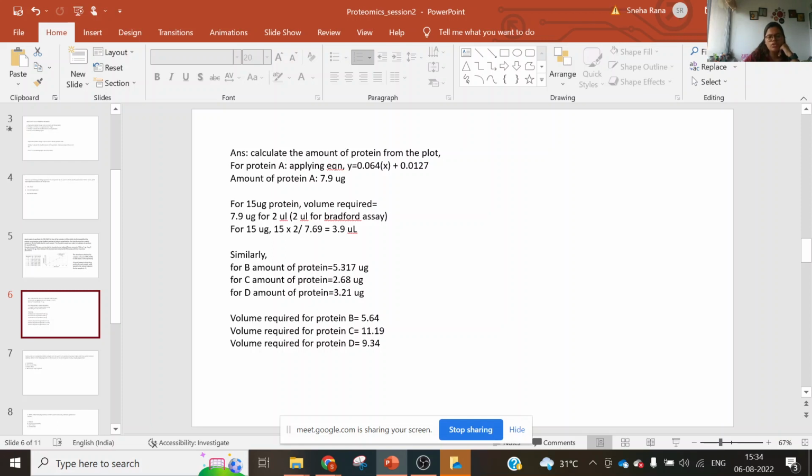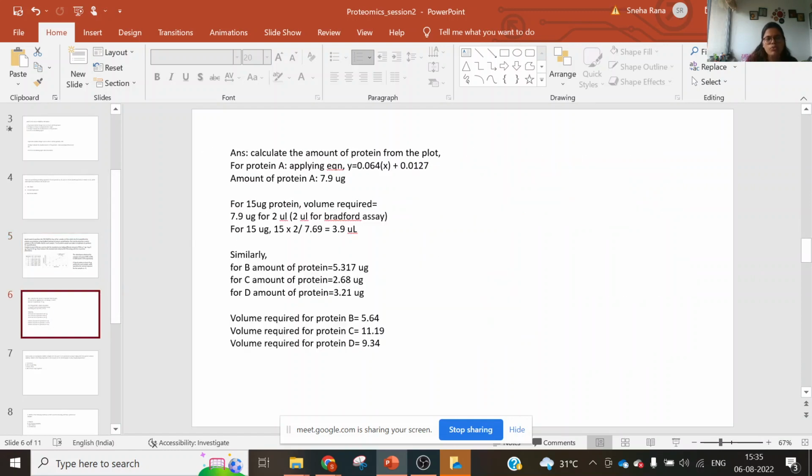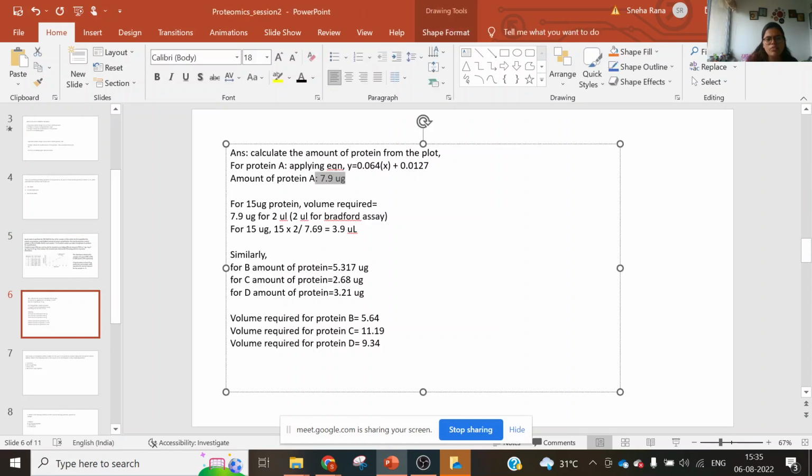It is given that 7.9 microgram for 2 microliter of protein, because you are using 2 microliter of protein for your Bradford assay. So for 2 microliter of protein, you got this amount, 7.8 or 7.9, something around that.